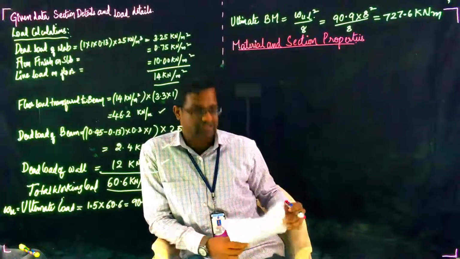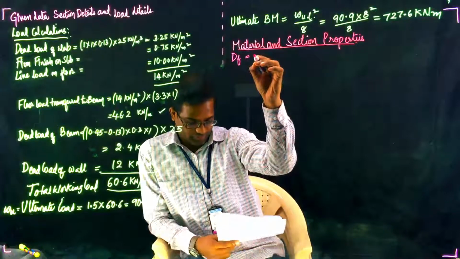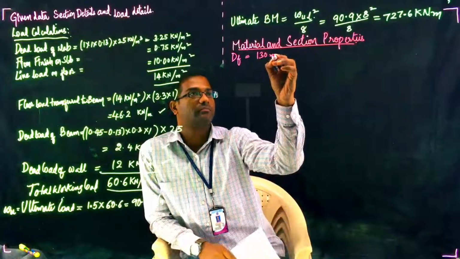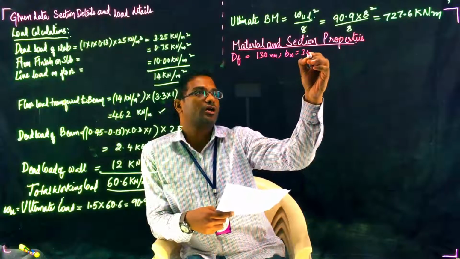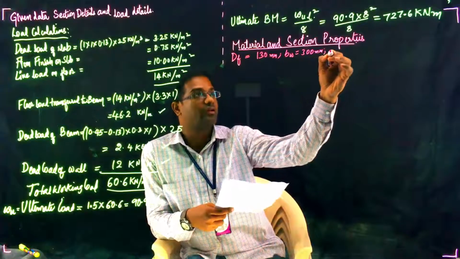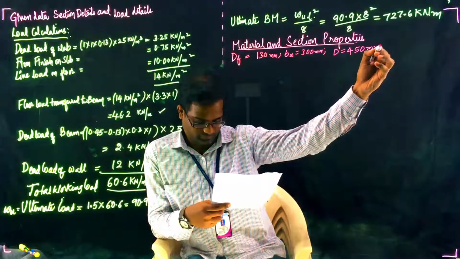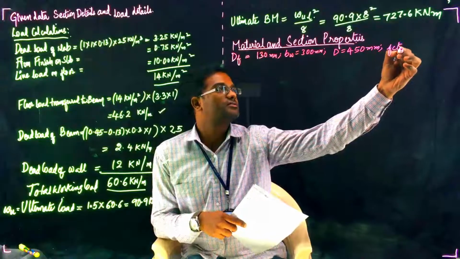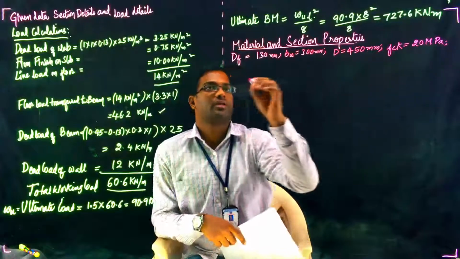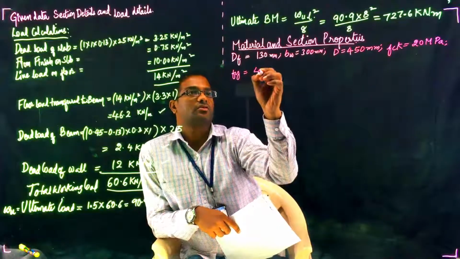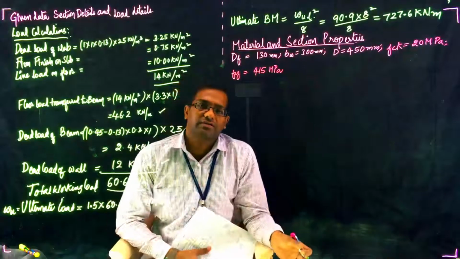From the given data, it is given as Df equals 130 mm, bw equals 300 mm, D equals 450 mm, fck as 20 MPa, fy as 415 MPa.